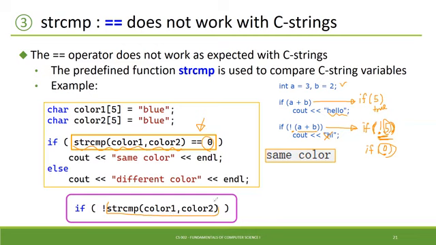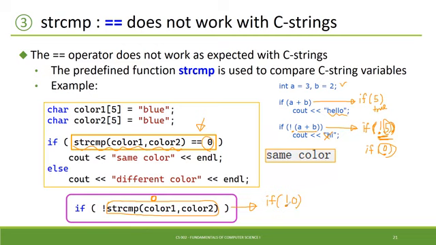If color 1 and color 2 are the same string, the computer will return 0 here. So the computer will calculate if not 0.